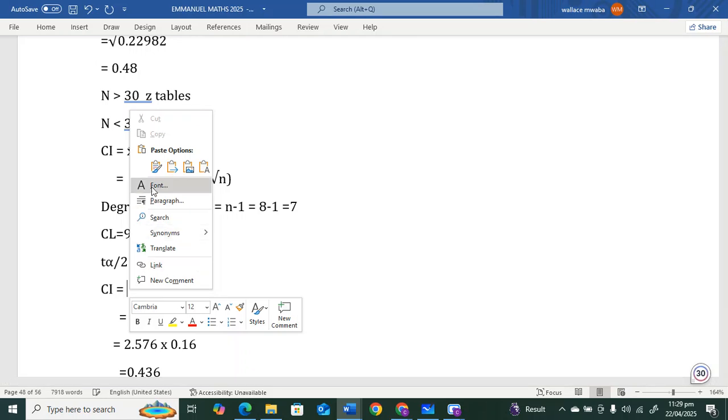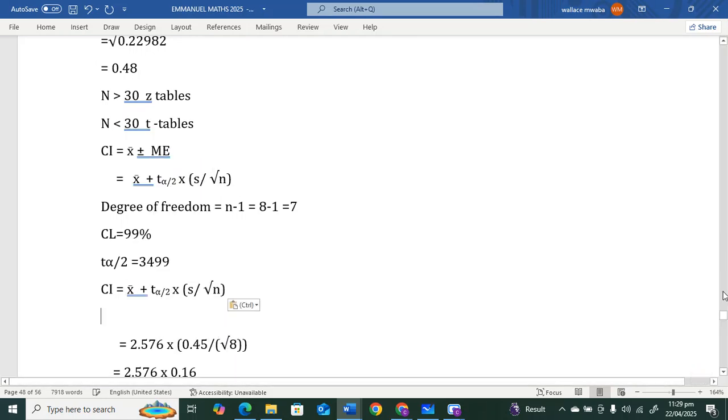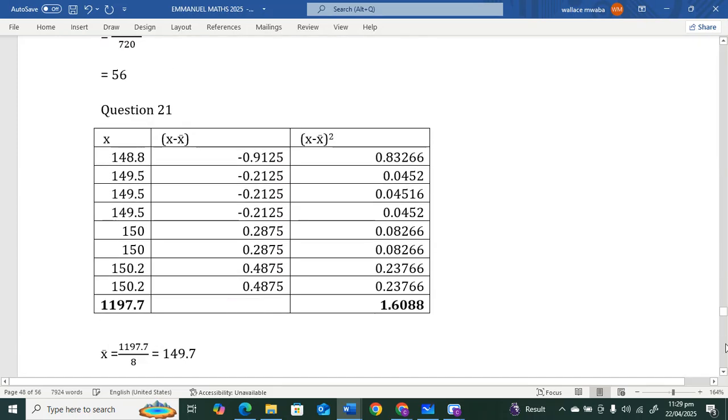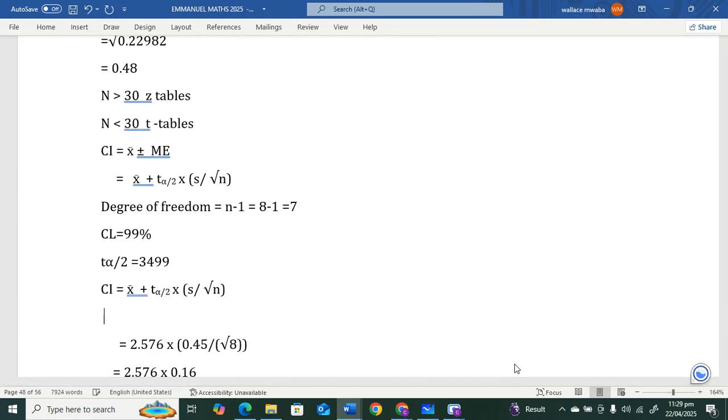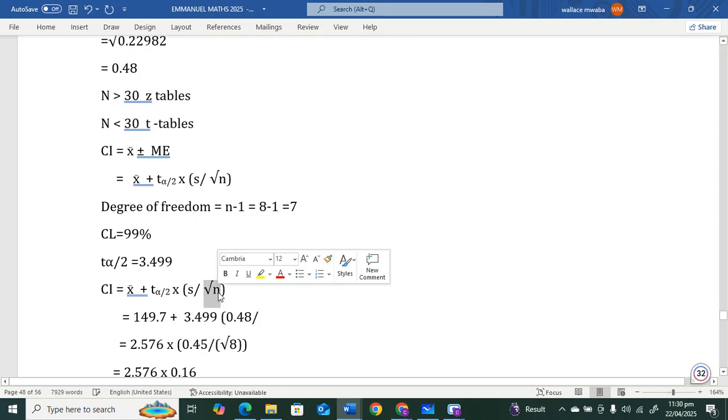What was our mean again? Let me check here. 149.7, plus our critical value 3.499 times our standard deviation, which is s, 0.48, divided by the square root of our sample size, the square root of 8.